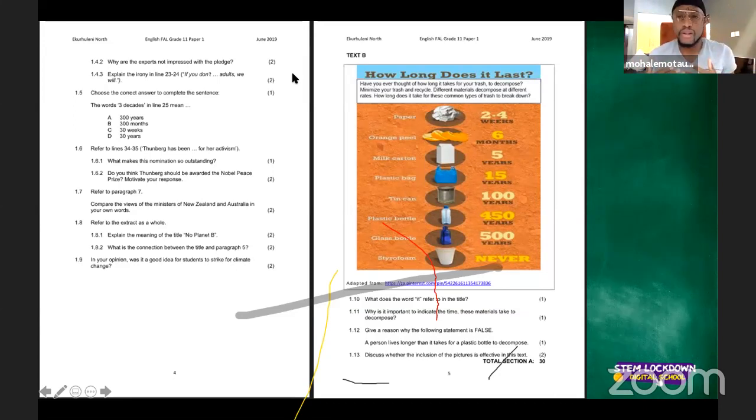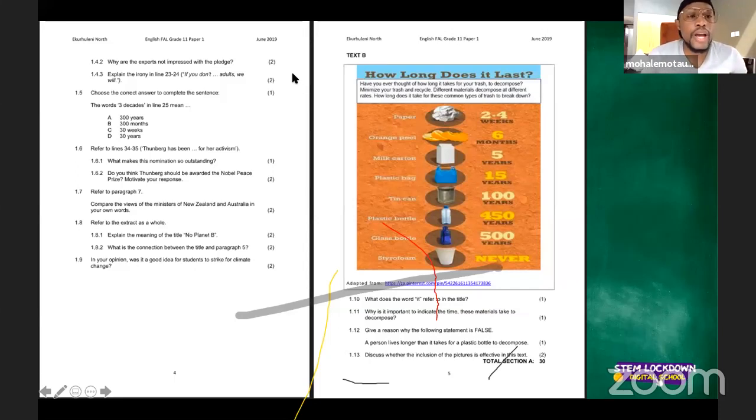It's ironic because we are expecting adults to be doing these things and not kids. But now kids are saying, if you guys don't do it, we will do it. And that is the irony in line 23 to 24, that we expect parents to be able to do these things, but if they're not going to do them, we're going to do them ourselves.